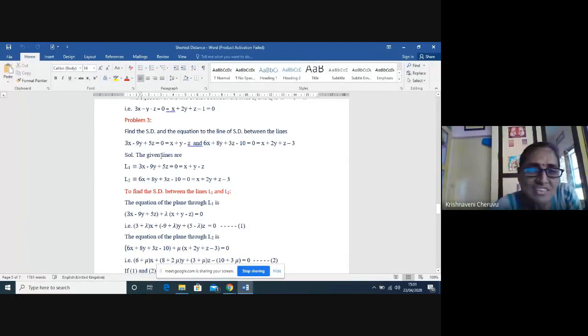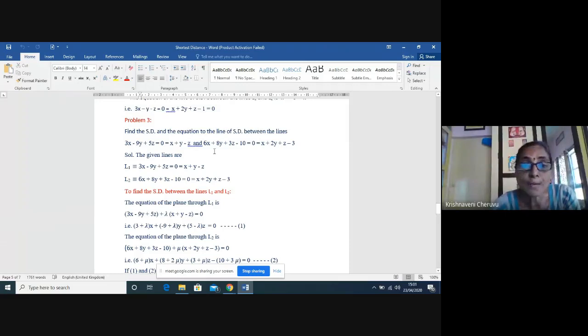Because both lines are in unsymmetric form, I don't advise you to change both lines to symmetric and then follow problem number 1, because it takes more time. If one line is symmetric and one is unsymmetric, you can transform the unsymmetric one to symmetric and then follow the procedure. Otherwise, just now I explained the direct method.